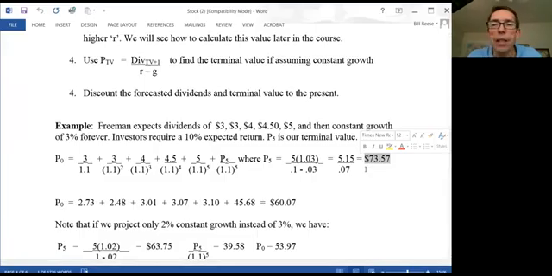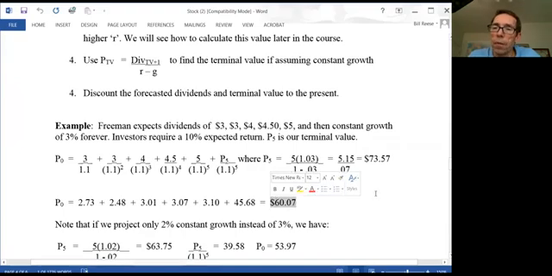If all that actually did happen, and I paid $60.07 for the stock, what was my rate of return? Well, the answer is the rate of return was 10%, because that was how we came up with $60.07.